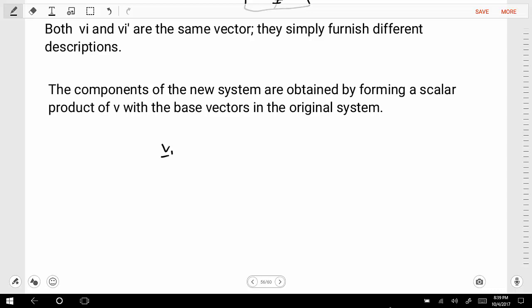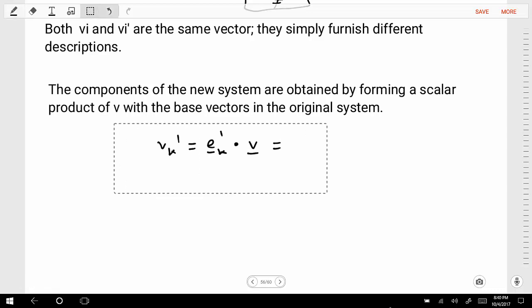So the components of the new system, v_k prime, are equal to the scalar product of the base vectors e_k prime dot our vector v, which is the physical quantity that has no direction, and we can then relate it back to our original base vectors.